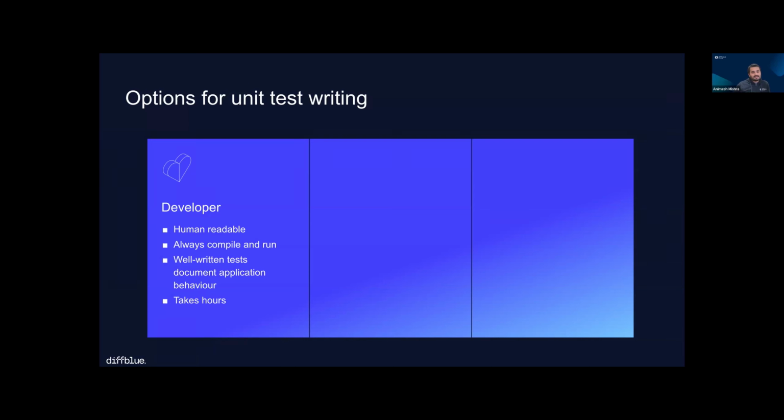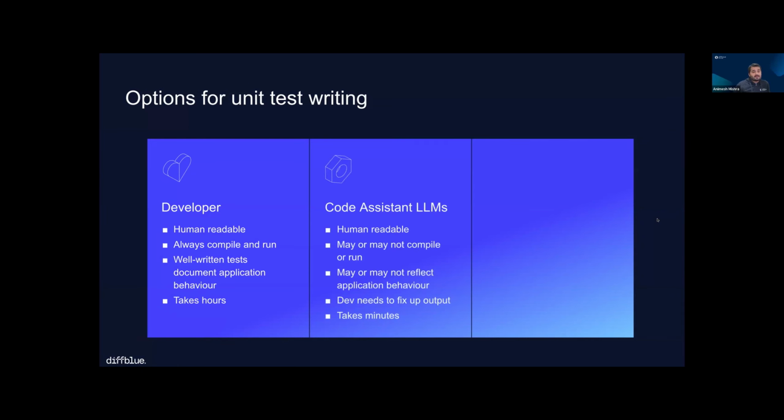In the past few years, we've seen the rise of AI code assistants. These tools are built on large language models, and they try to match the words in your code to the words in their model and return some output back. Now, this output may or may not be valid code.